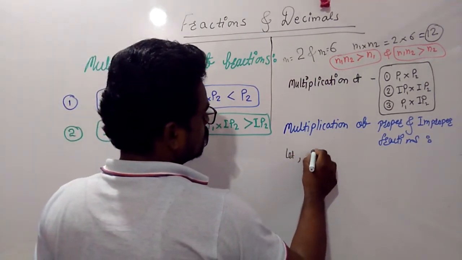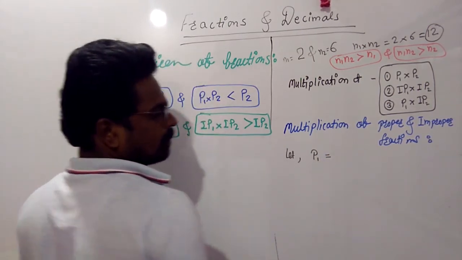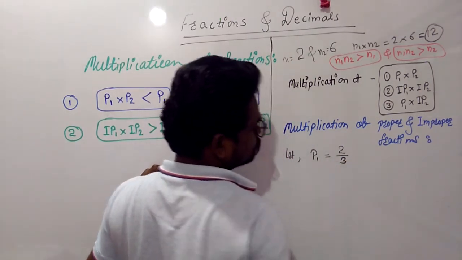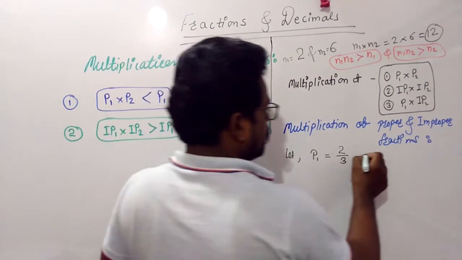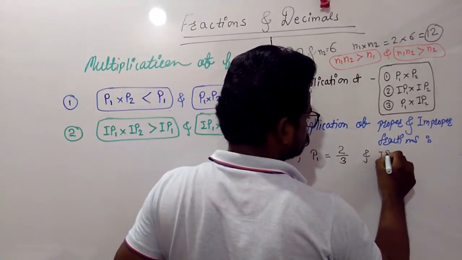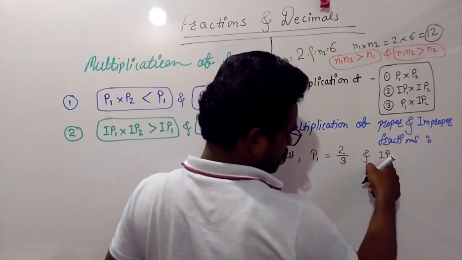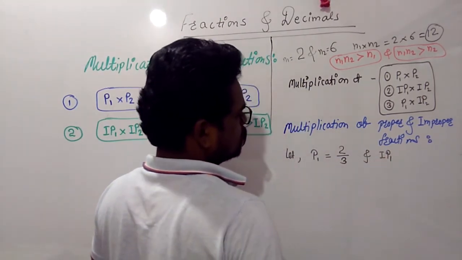Let proper fraction 1 be, suppose, 2 by 3. Numerator is always less than denominator. And this is improper fraction number 1.